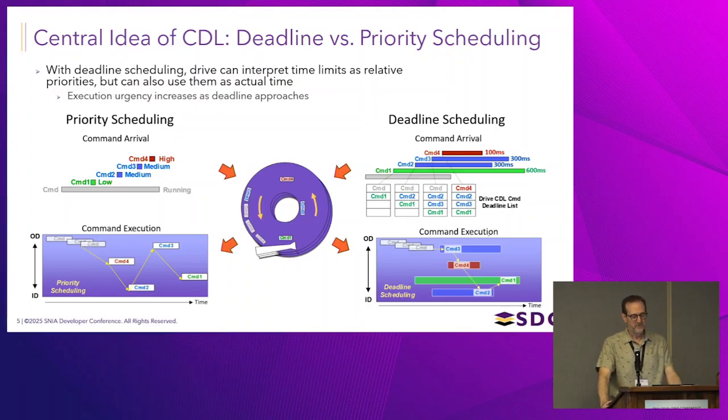So we get a different order of the commands in this case, and we still manage to maintain the latency of command 4, the high priority command. It executes within the darker red bar. And then all four of the commands together end up taking a little less time than they would have otherwise. So this is the principle that we're trying to implement with CDL.